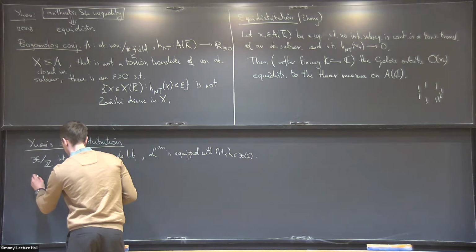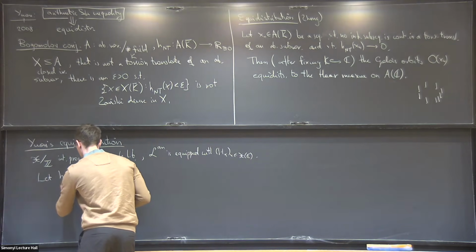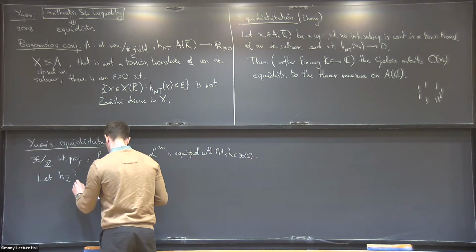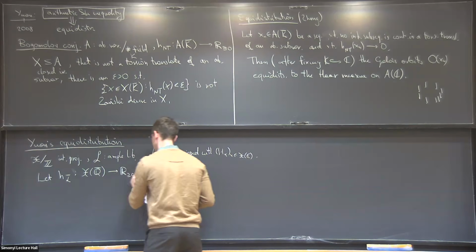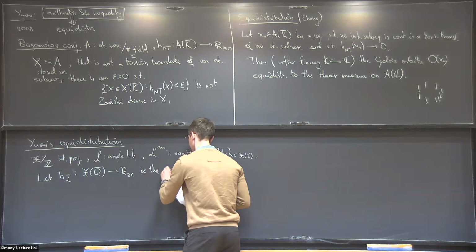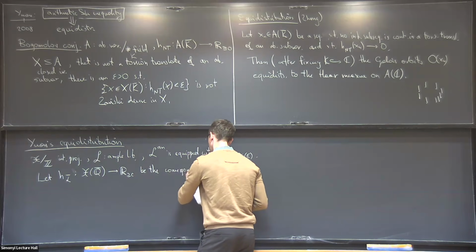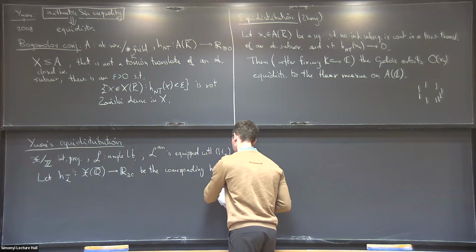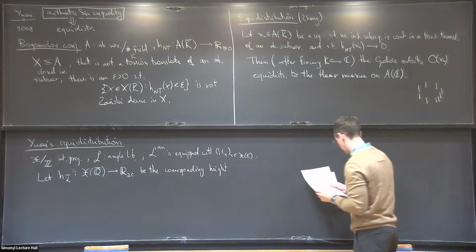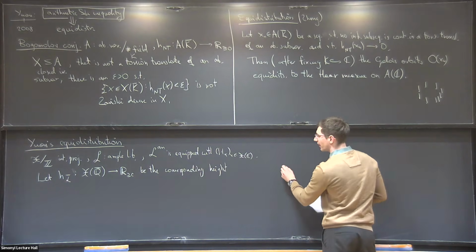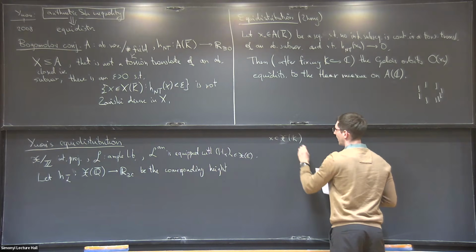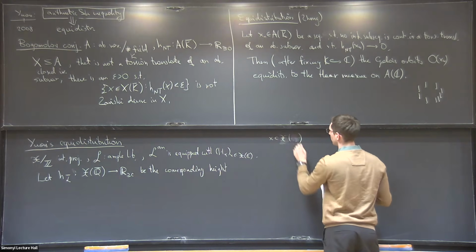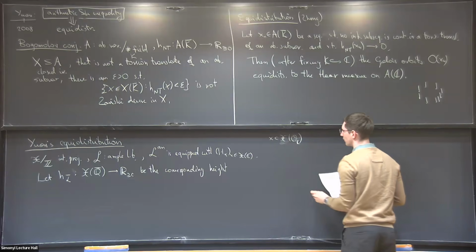So then let h_L-bar on X(Q-bar) be the corresponding height. So this height, as a small remark, is defined in a way that if I have my point x in X(Q-bar), it's defined over some number field k, but my X is projective, so I can assume that my x is defined over O_K.